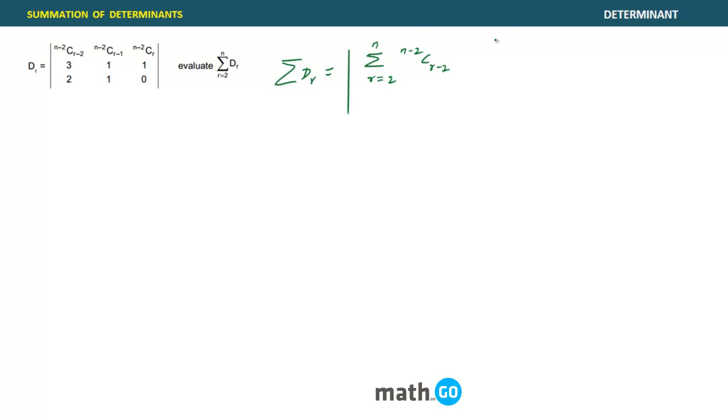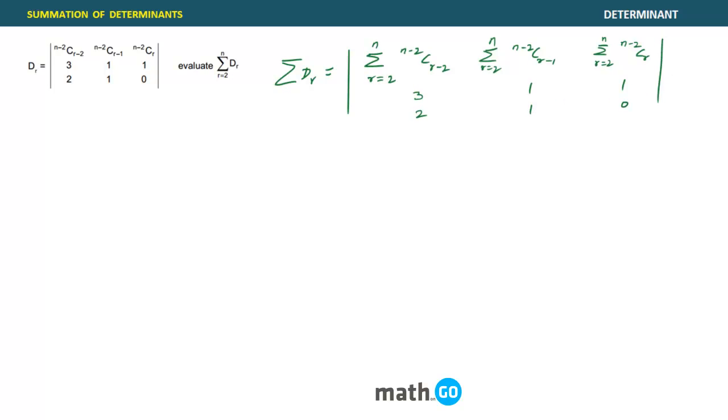Next element is again summation of n minus 2 c r minus 1, and the next element is summation of n minus 2 c r, where r varies from 2 to n. And the remaining elements of the other rows remain unchanged, right?